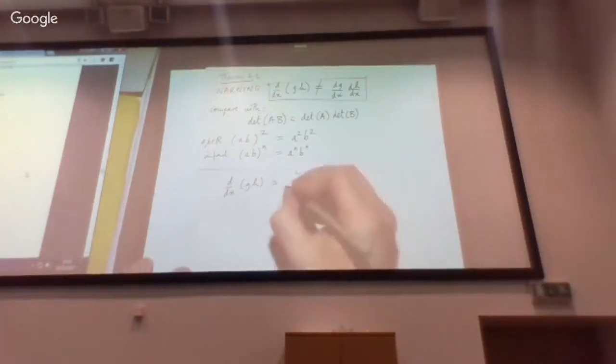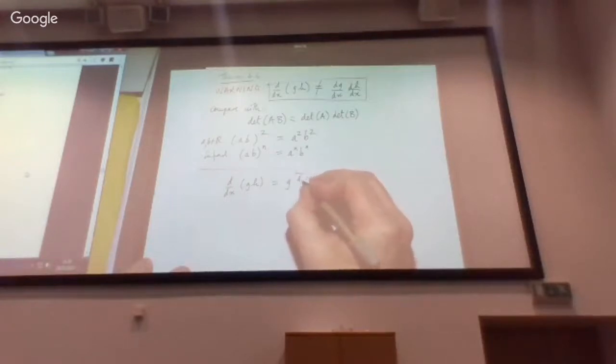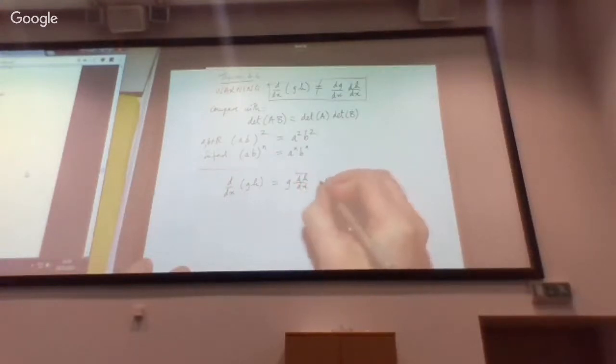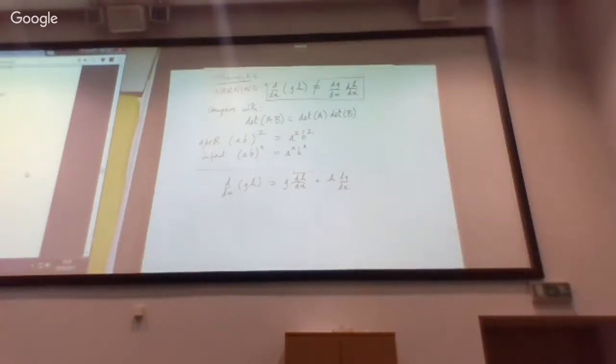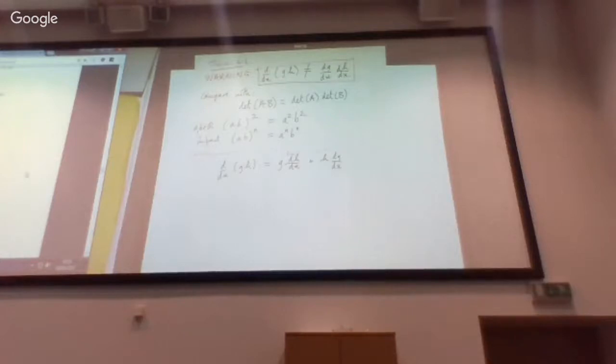It's the function G times the derivative of H plus the function H times the derivative of G. So it's, if you like, a kind of complicated type of multiplication. Although we don't say it's multiplicative. It's like multiplicative but with a twist, mixed up with linearity.